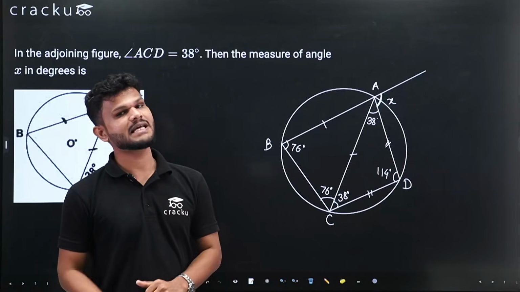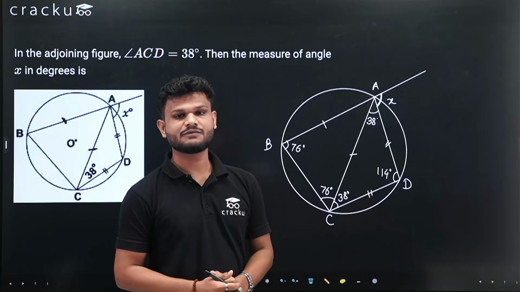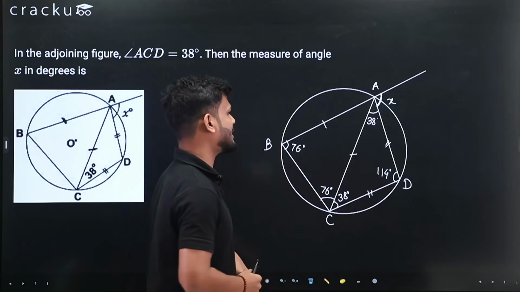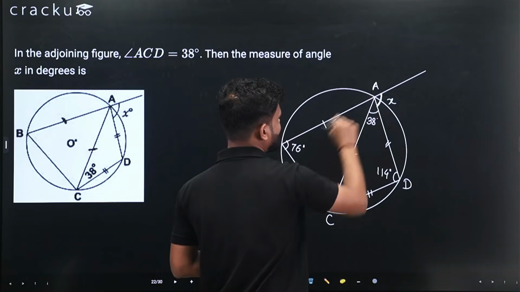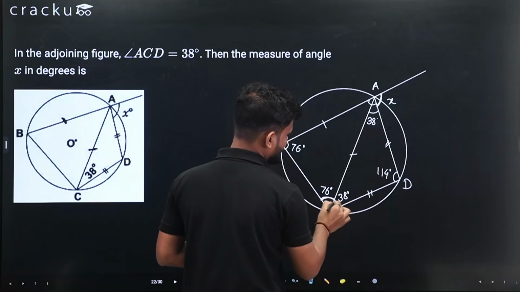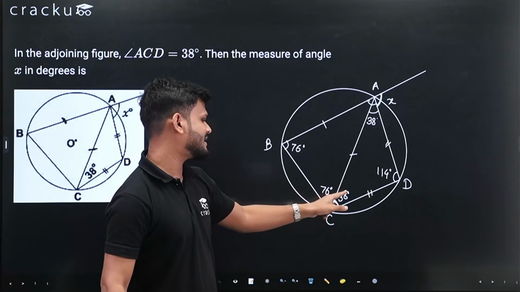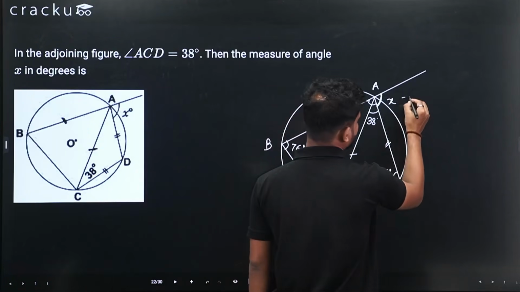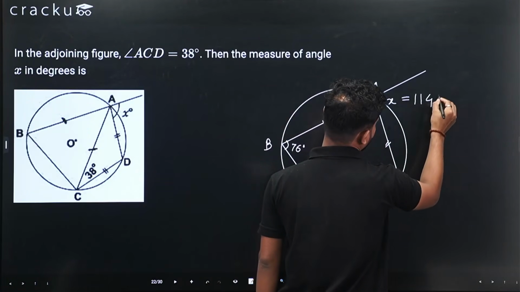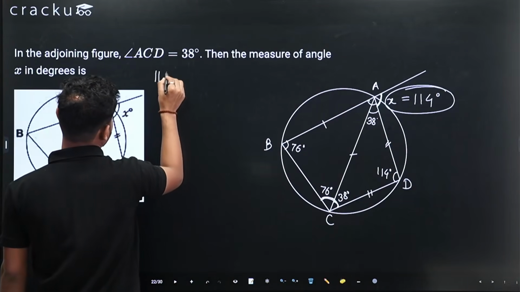And the property of a cyclic quadrilateral is that the exterior angle is equal to the opposite interior angle. What is the opposite interior angle to this A? The opposite interior angle is this one. So this x will be equal to angle C. Angle C is 76 plus 38, which is equal to 114 degrees. So the answer to this question will be 114.